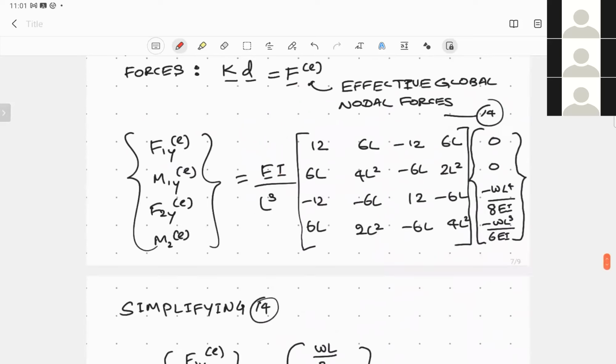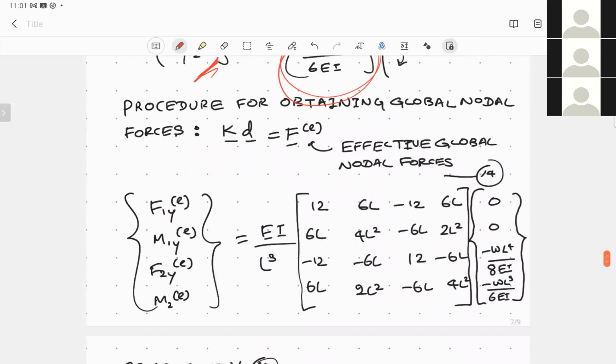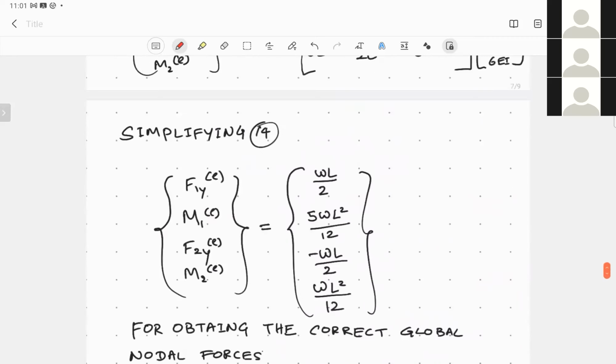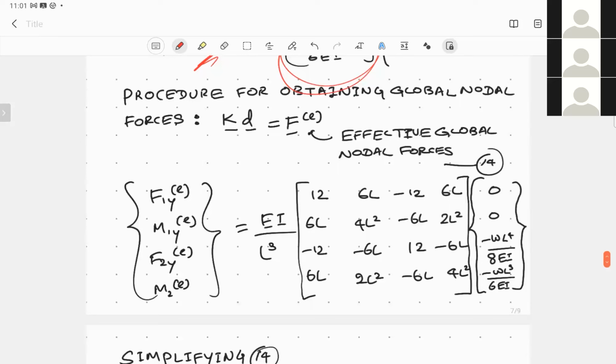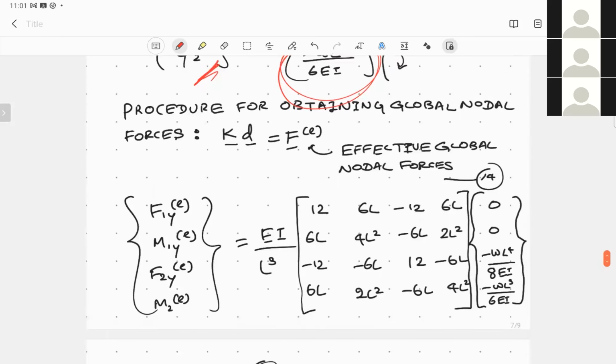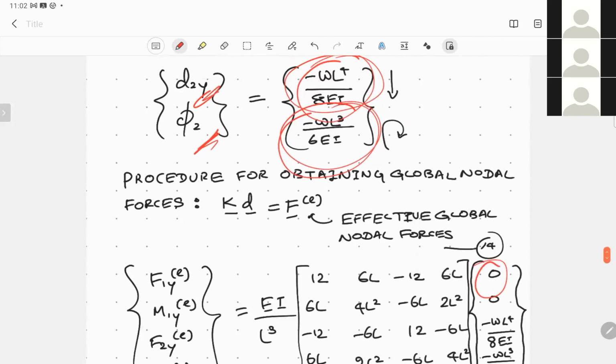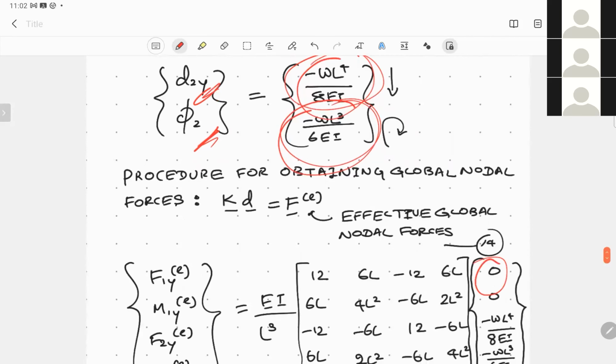So you can see that we have applied this relationship to obtain global nodal forces, and you can include the values you have just found to analyze the total structure.